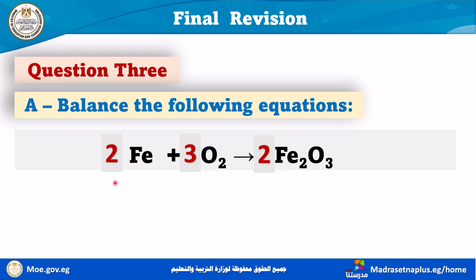So we will write 4 before the iron in the reactants. Now we have 4 iron atoms in reactants and 4 in the products. We have 6 oxygen atoms in reactants and 6 oxygen atoms in the products. So this equation now is balanced.